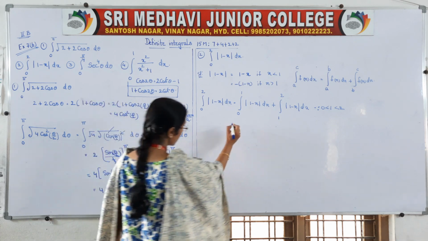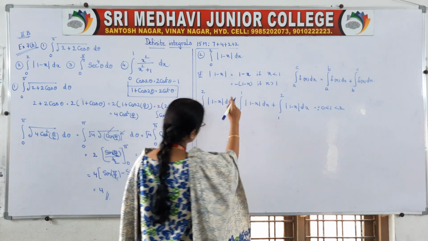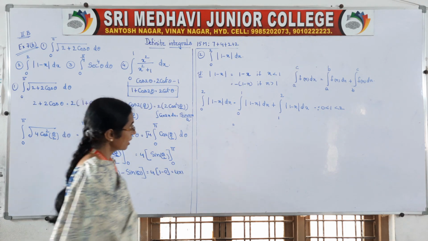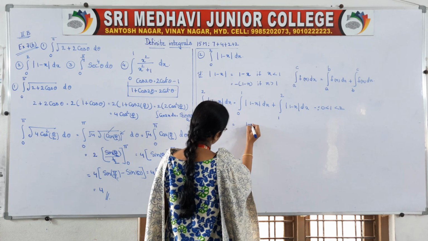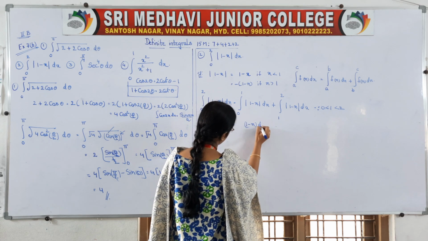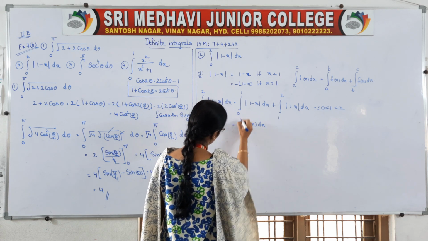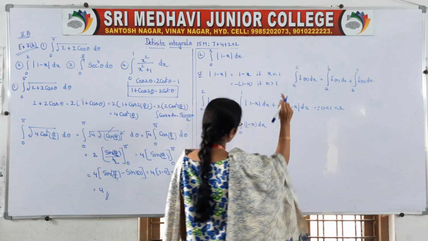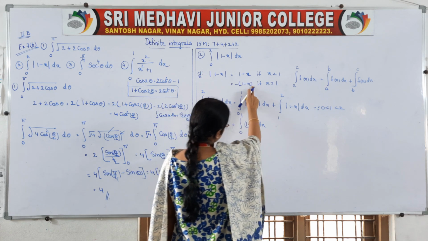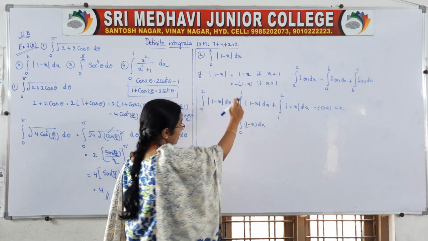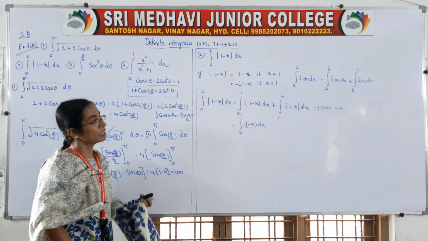Okay, so whenever it is 0 to 1, meaning less than 1, this value modulus of 1 minus x is 1 minus x, dx, from 0 to 1. Similarly, whenever x is greater than 1, this value modulus of 1 minus x is minus of 1 minus x.